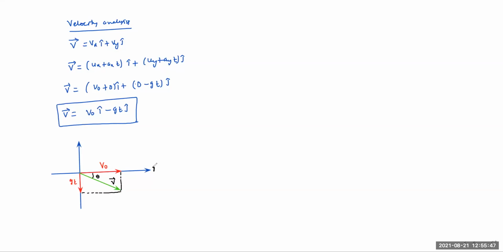So what is the angle it is making below the horizontal? This is horizontal. So tan theta equals gt by v naught. This is the magnitude. So tan theta we can write as gt by v naught. If you know the time t, I can find the angle. If you know the angle, I can find the time also.